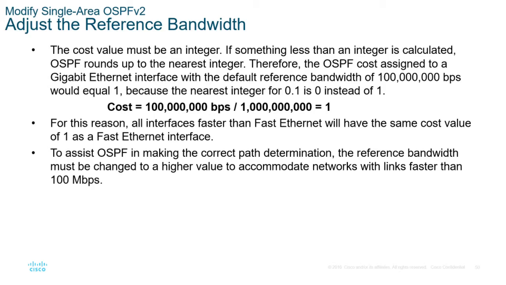It can't go lower than 1, which is why even though those divisions go to say 0.1 or 0.01, it doesn't know how to deal with non-whole integers. It rounds up to the nearest integer, which is going to be, say, 1.